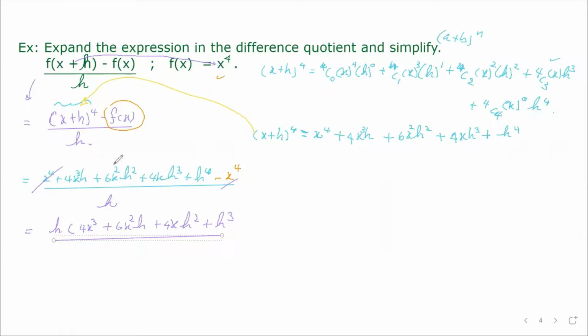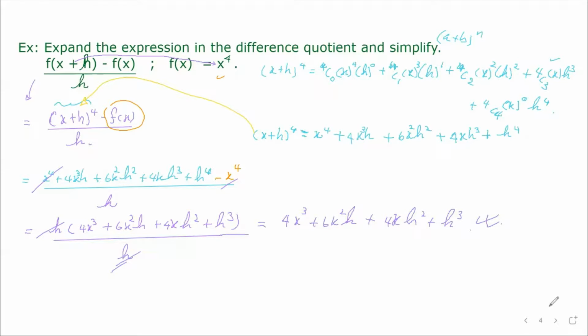You see something? We can cancel this whole bracket. So we are left with the final answer: 4x power 3 plus 6x power 2 h plus 4x h power 2 plus h power 3. Okay, this is the final answer for this example.